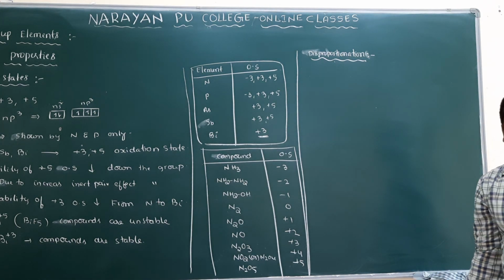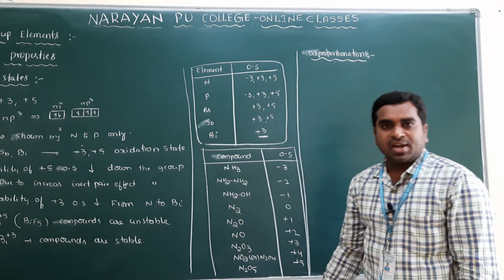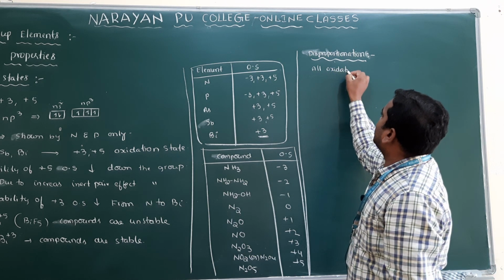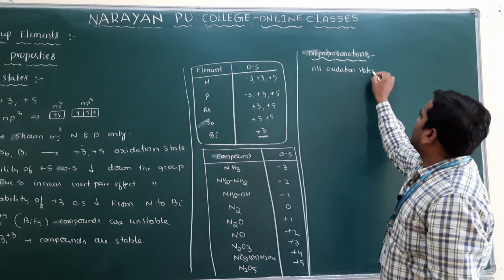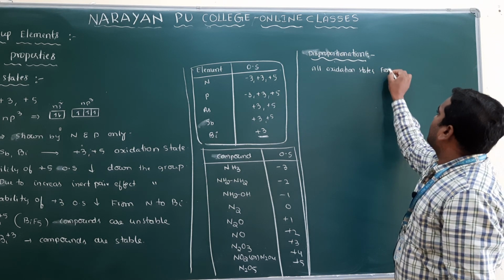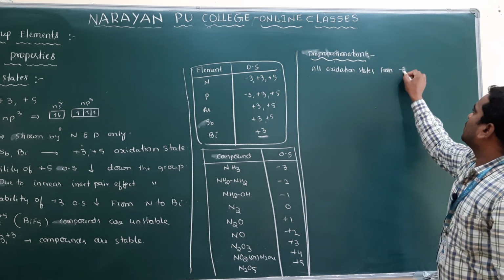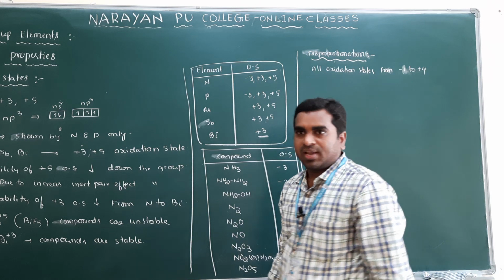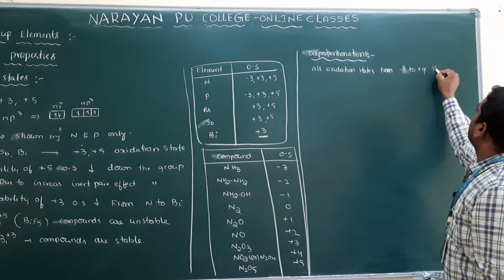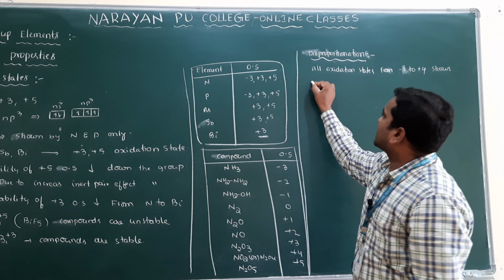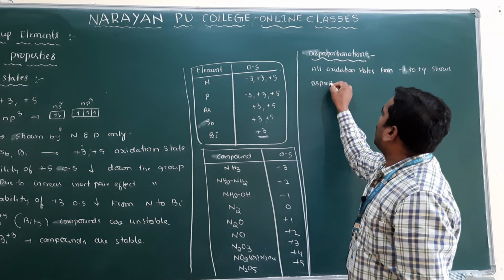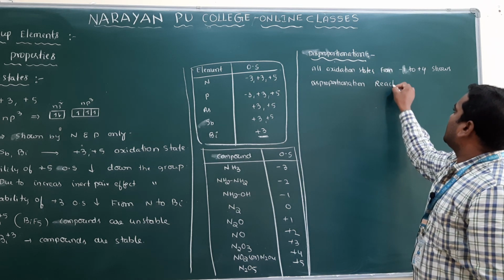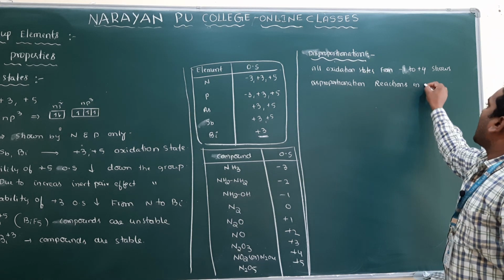If you take nitrogen, the oxidation states from -1 to +4 show disproportionation reactions in acidic medium.